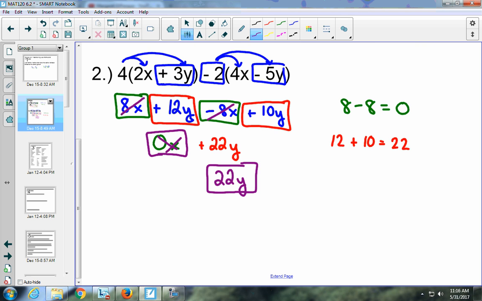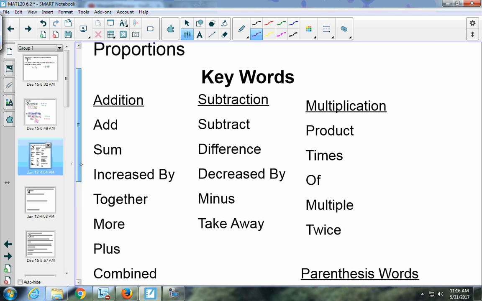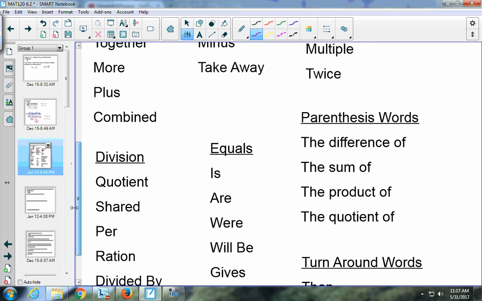Now on this next page, we have some key words, and we talked about these in class back in Unit 1 as well. So as a reminder, when you see what I call in class answer words, like sum, difference, product, and quotient for division, you need to look for the word and.